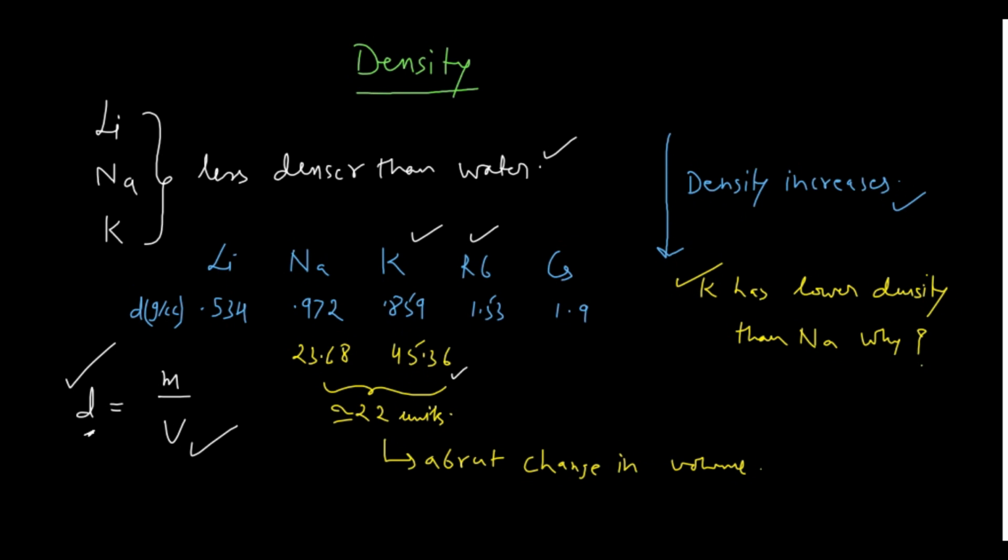But in the case of potassium, the reverse is happening. The increment in the volume is very, very high compared to the atomic mass. So in potassium, the size is the dominant factor which decreases the density. You should remember this very important thing.